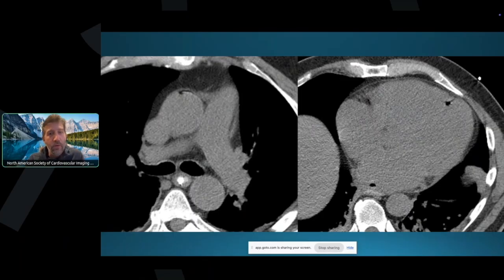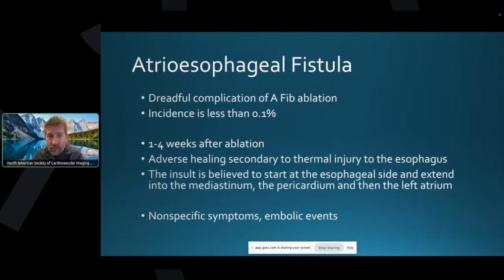And you'd be correct. This is an atrioesophageal fistula, which is a very, very bad, dreadful complication of AFib ablation. Luckily, it doesn't happen that often, less than 0.1% of these ablations. One important thing to know is that it happens 1 to 4 weeks after the ablation. It's not immediate.